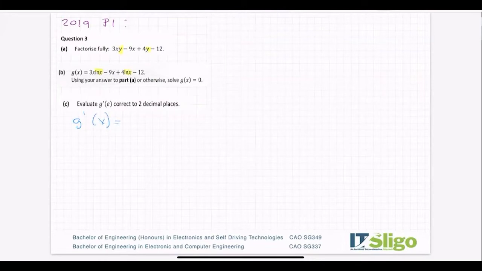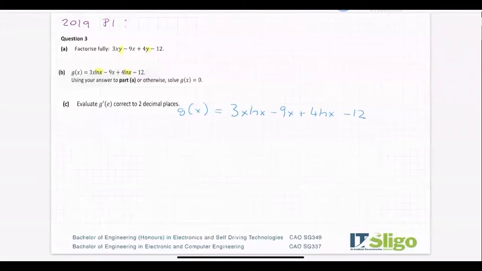Okay, so g of x was equal to 3x ln of x minus 9x plus 4 ln of x minus 12. Okay, so that's my g of x, and I've taken that from here.